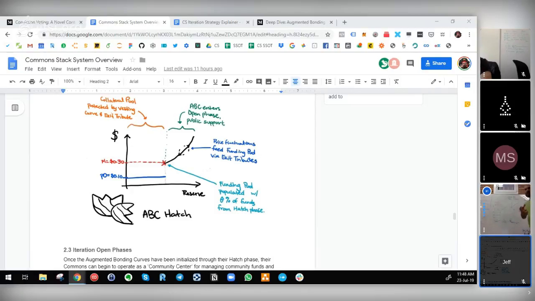And of course, there's the time lag, right? So it might be that one token will, after 30 days, be able to spend $1 worth of funds. That's pretty crazy, you know?